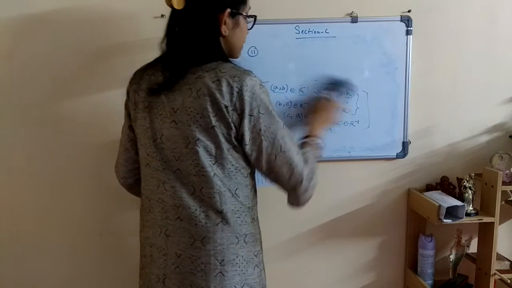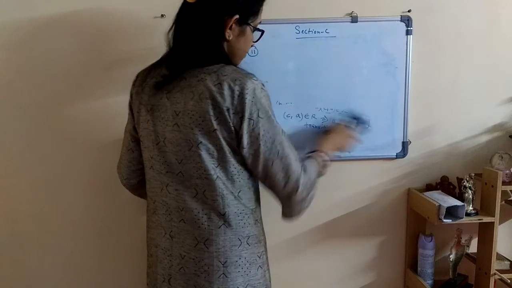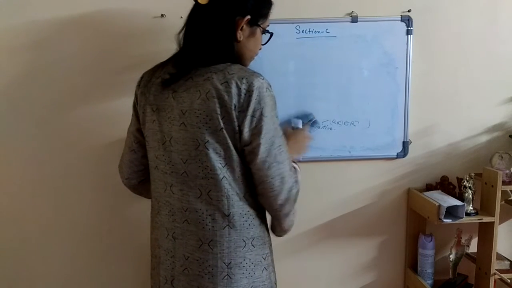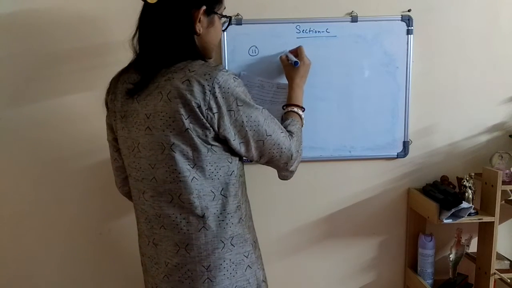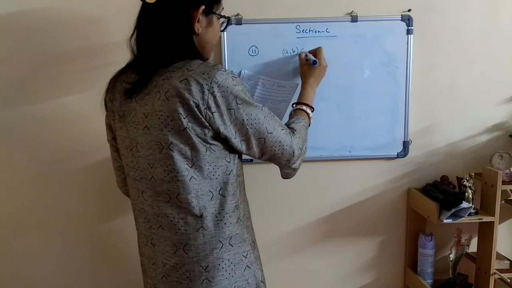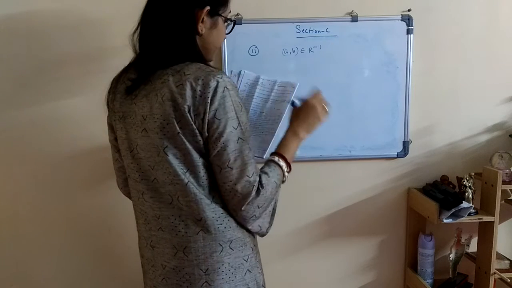Now we will see whether R and R inverse are symmetric or not. For that, let us consider (A, B). Again (A, B) belongs to R inverse.